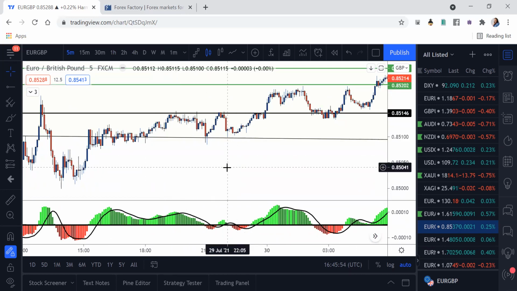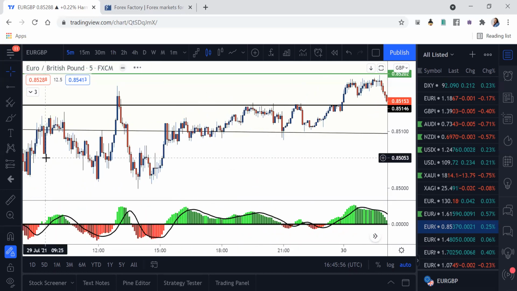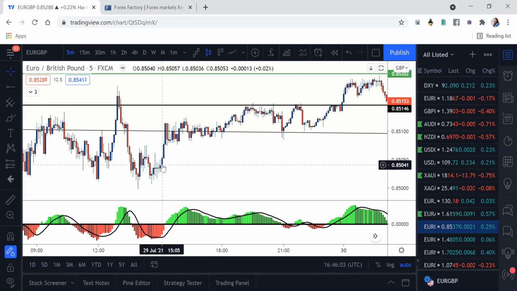So we're looking to buy the trade, right? We're looking to buy Euro GBP. So on the 5-minute time frame, I want to see price giving me a sharp movement to the upside, but on a smaller time frame. I want to see nice, solid body candles making a movement to the upside.